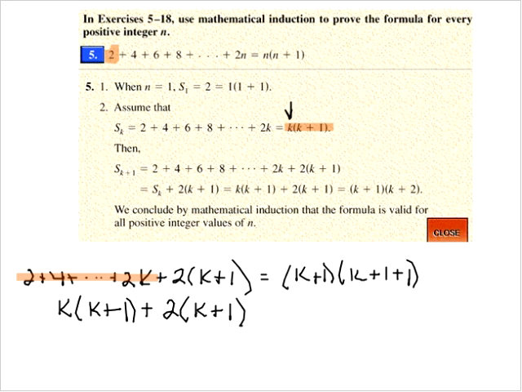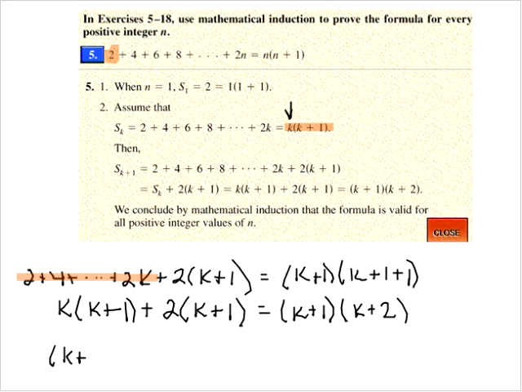Now from here, I'm going to kind of just simplify my second parentheses on the right-hand side. Obviously, that's k plus 2. I'm almost done. I can look at this as factor by grouping, almost. They have a k plus 1 in common, so we take what we factored out.